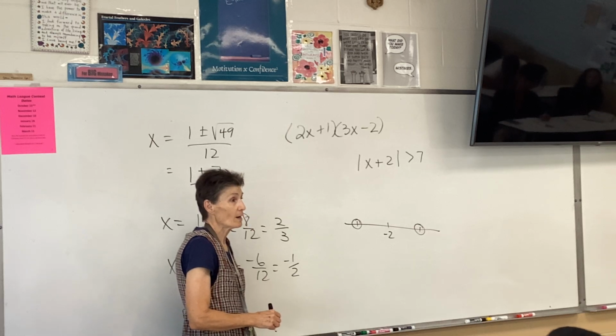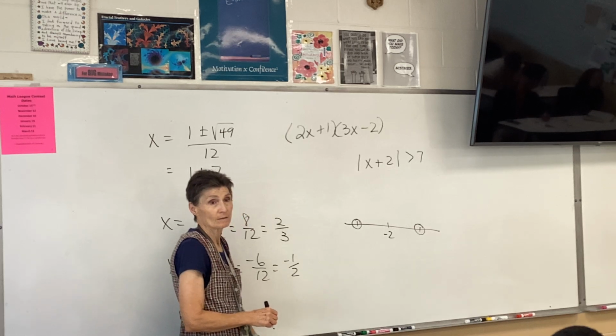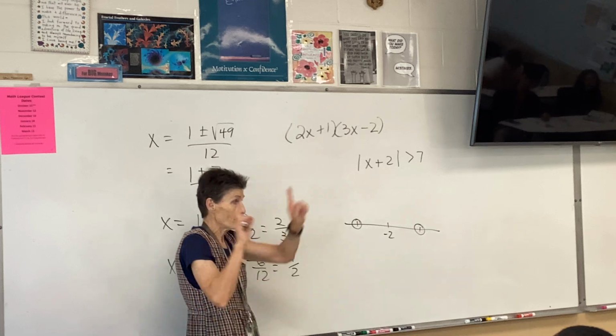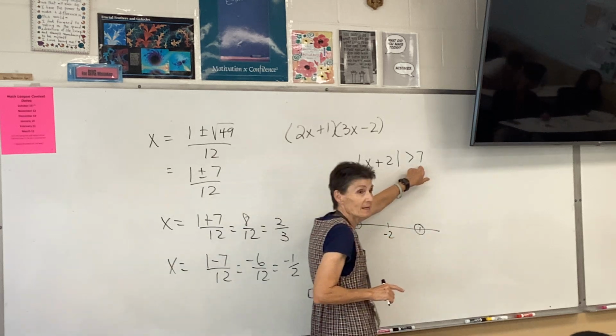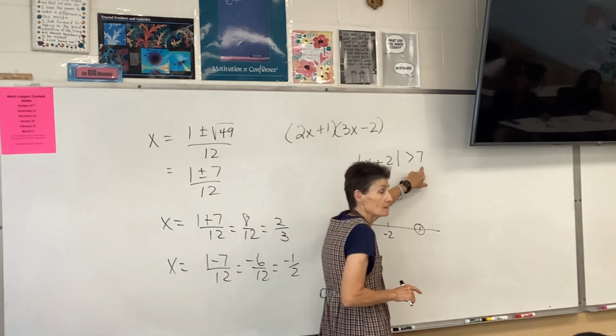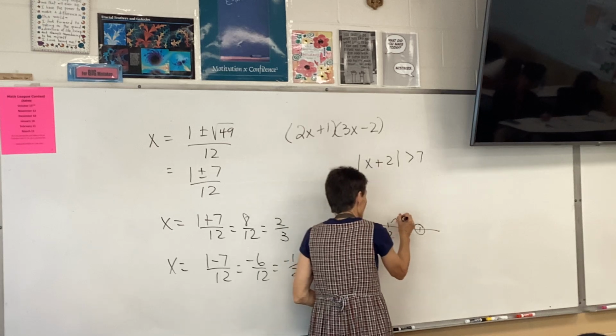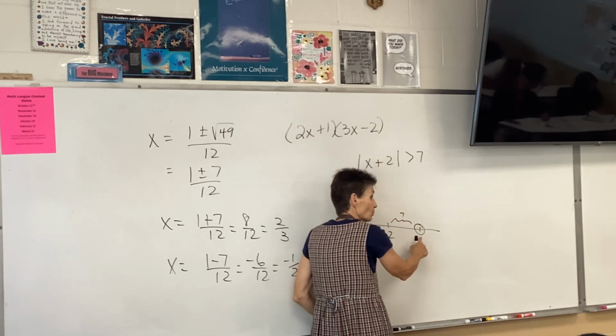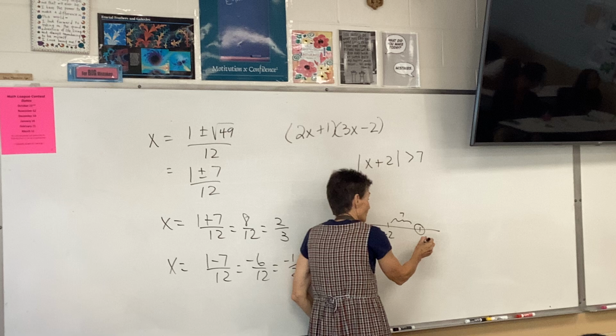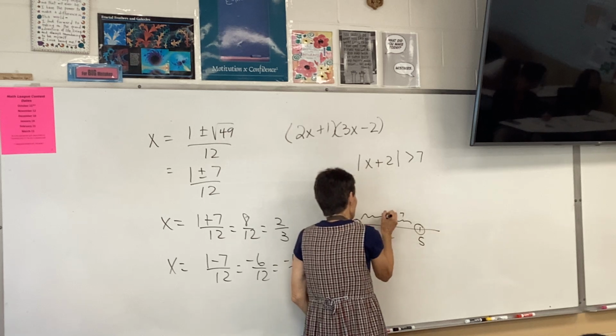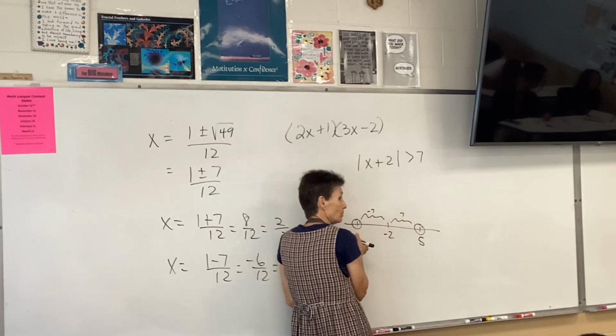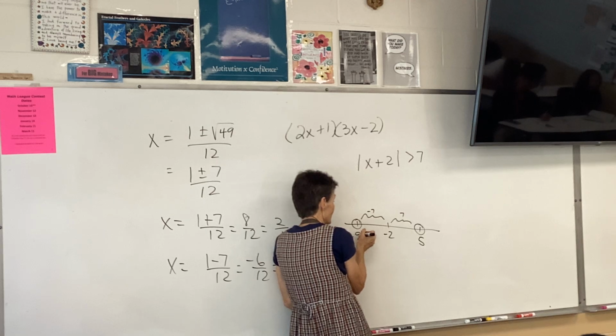How are we gonna figure out where those dots are? 7 over 8. Go backwards and forwards that many. So -2 plus 7 would put me at 5. And -2 minus 7 would put me at -9.